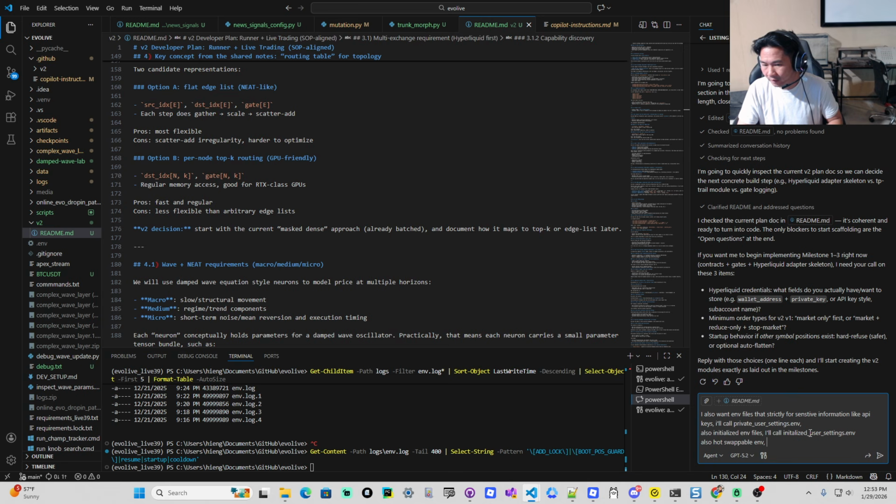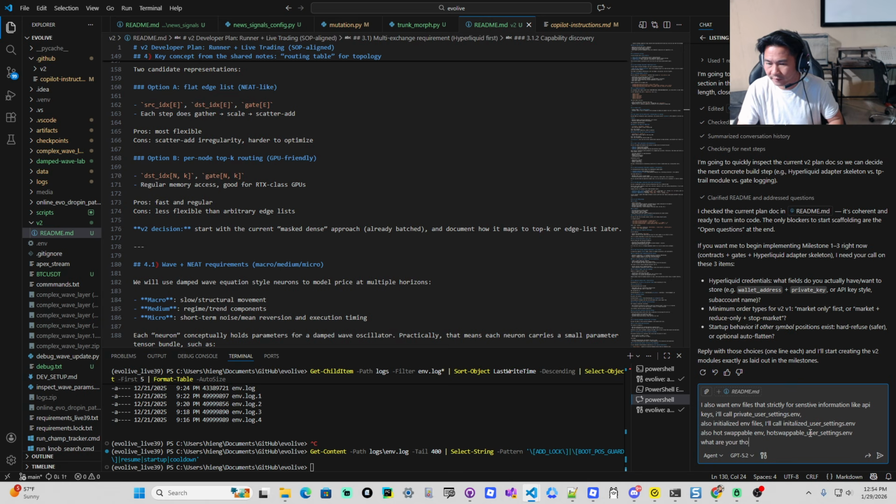And then I'll also ask it what it thought about that design. Instead of just saying, hey, I want it this way, maybe it has an opinion about that, whether it might be conflicting or it might be bad. So we'll call it hot swap user settings. What are your thoughts on this? Is it a good design?